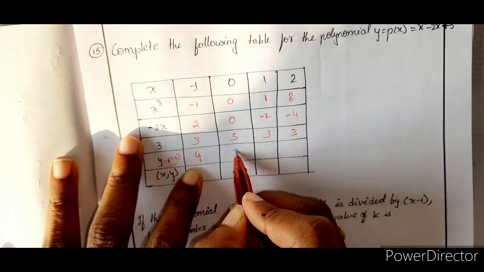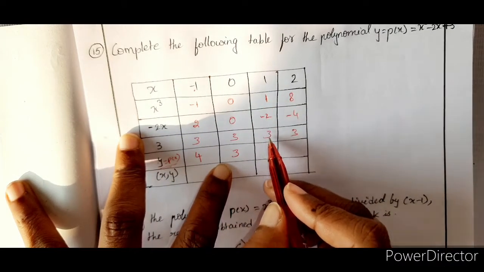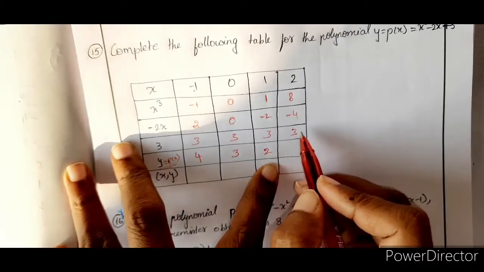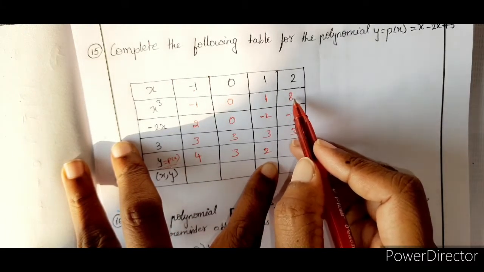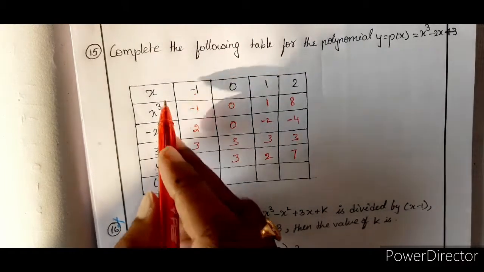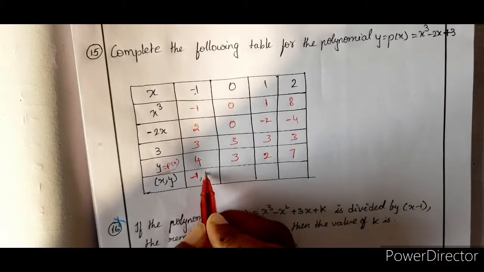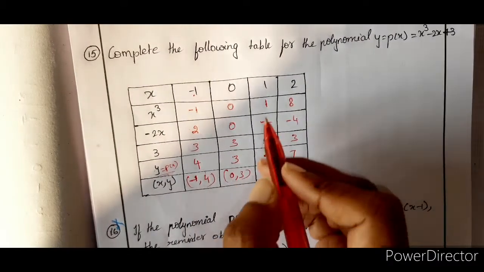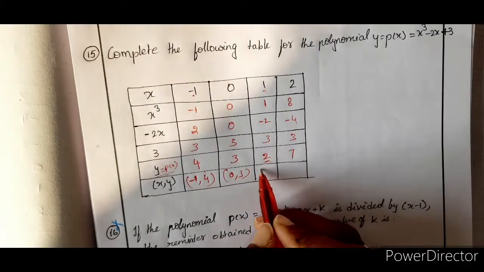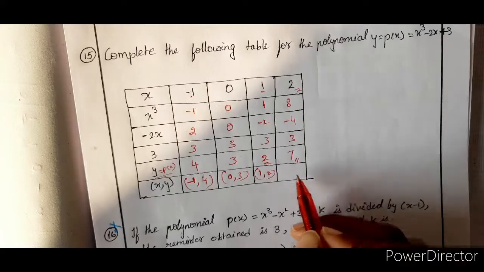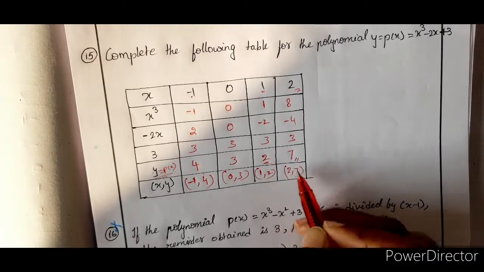Sum of all these is 3. 3 minus 2 is 1, 1 plus 1 is 2. 3 minus 4 is minus 1 plus 8 is 7. So now x comma y: x is minus 1, y is 4; 0 comma 3; x is 1, y is 2, 1 comma 2; x is 2, we got y to be 7, 2 comma 7.